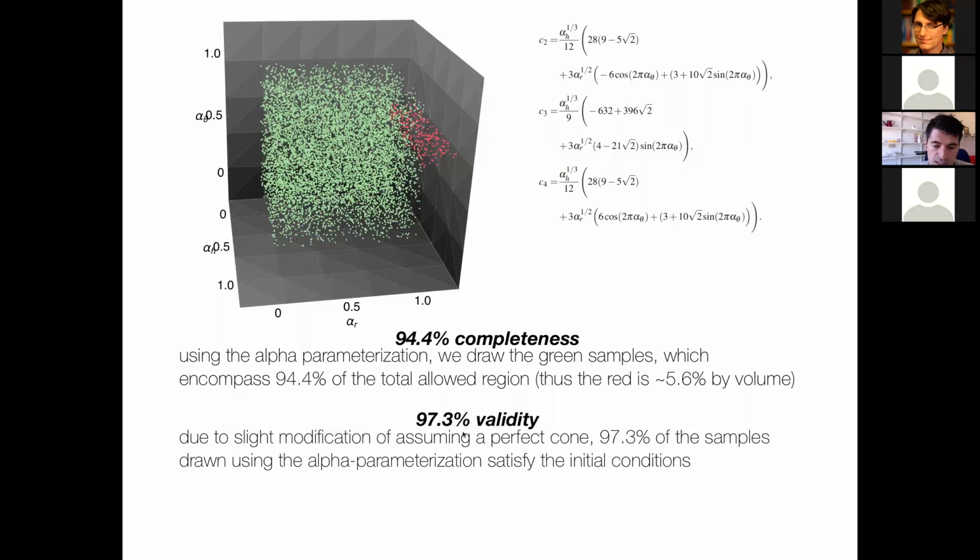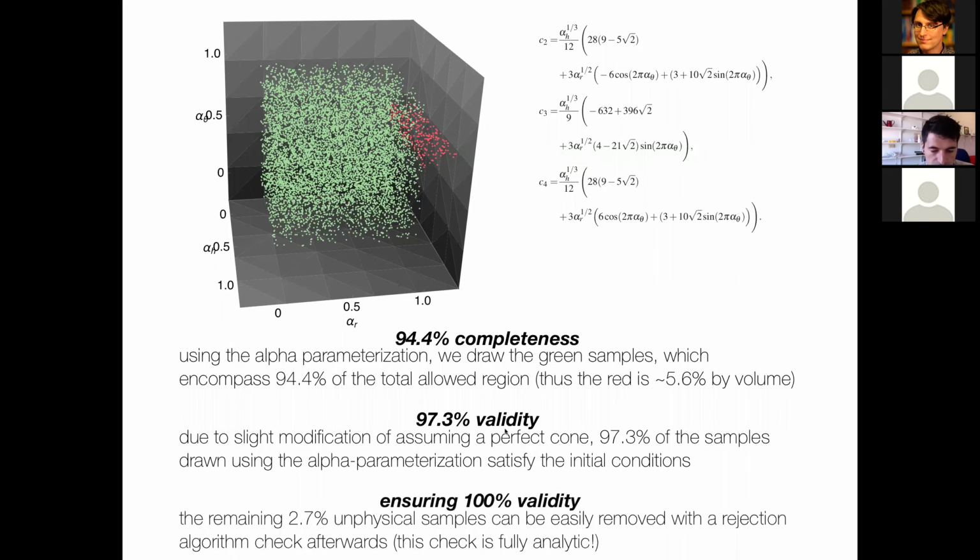And that's because I actually modified my criteria again. It turns out it's really easy to test whether a point is 100% valid or not. So the remaining 2.7% of points can be easily removed with a simple rejection test, which is fully analytic, at the end. And that's one thing my code does.